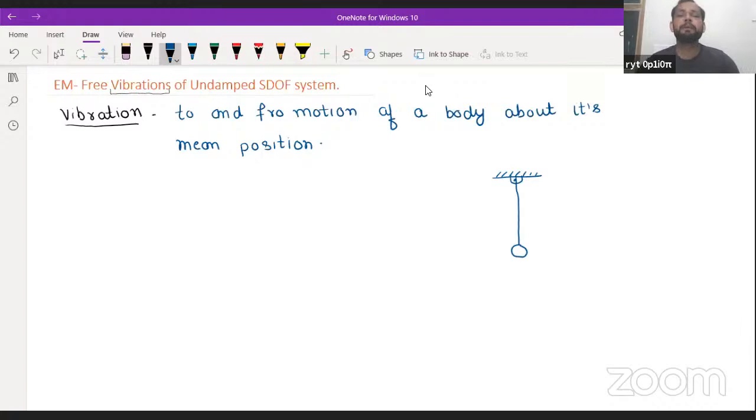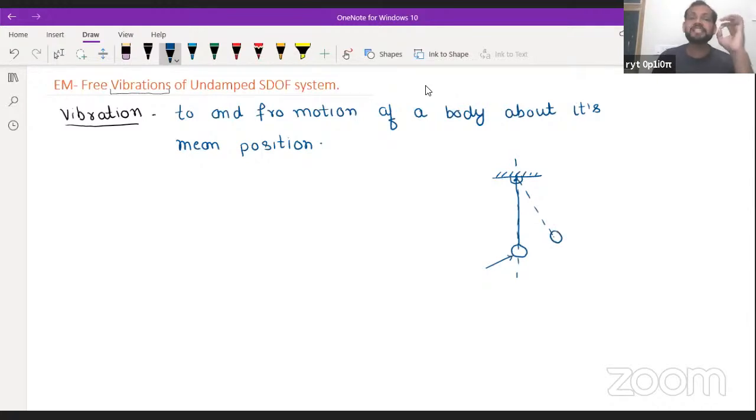That means the system will remain at rest. But suppose some disturbing force comes into action, and it displaces the system from its mean position. As you know, this is the mean equilibrium position. So when you apply a force, or for example, you are hitting this pendulum with a hammer, the system will displace, and this is the new position.